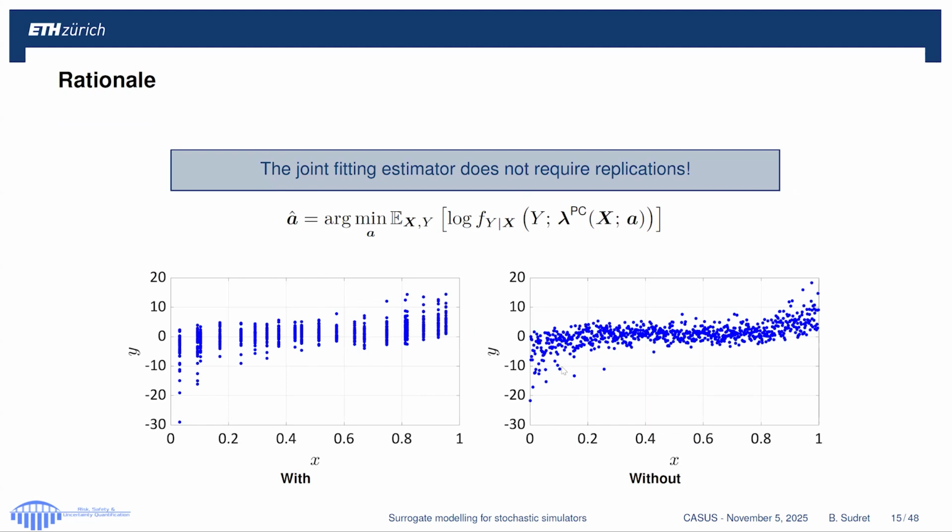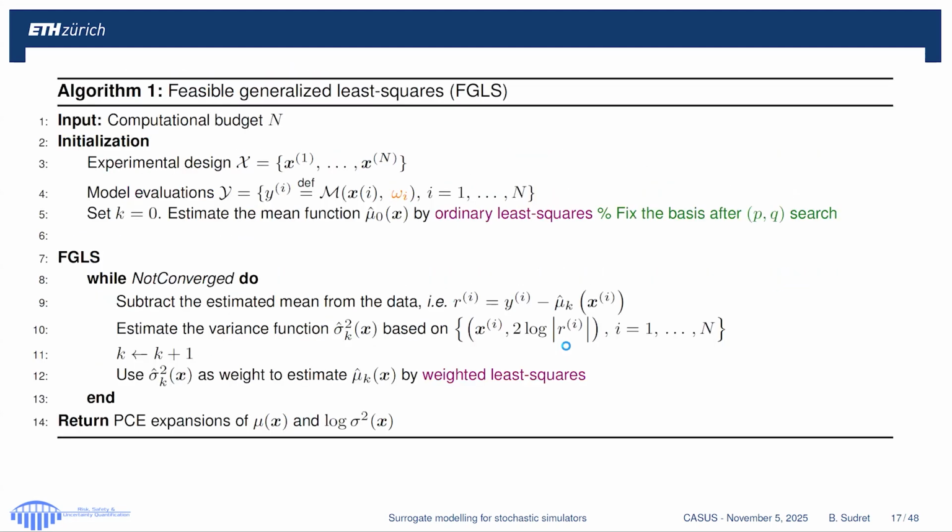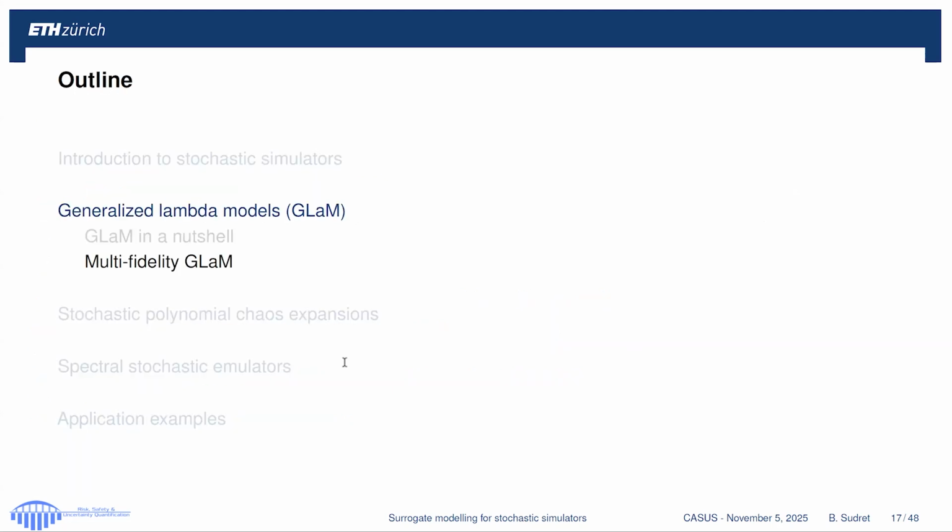So by this feasible least squares method, you fit the mean function, compute the residuals, from the residuals fit the variance, and then refit the mean function with a weighted least squares, and back and forth. With just a few iterations, you get that mean function and that variance function, and this is what you use for the lambdas. Okay, the examples come later.